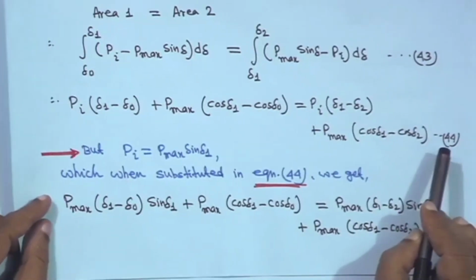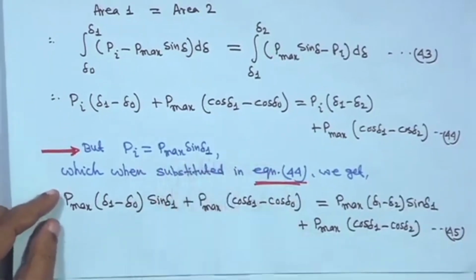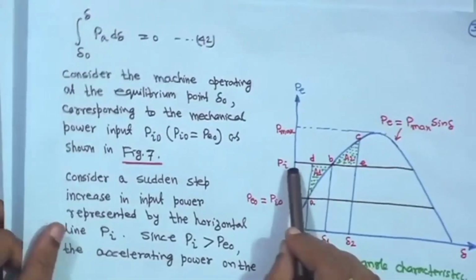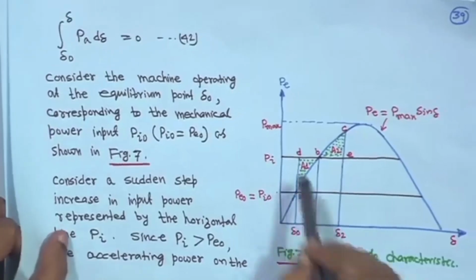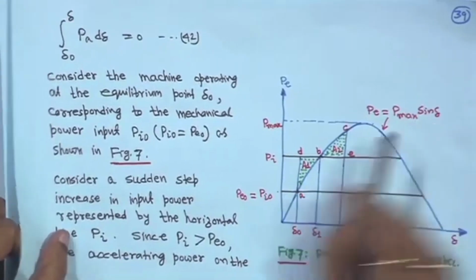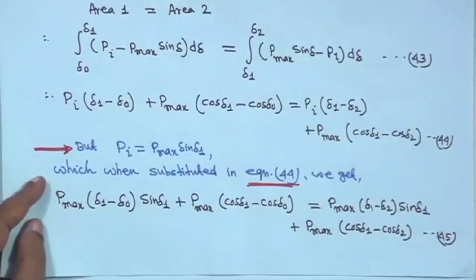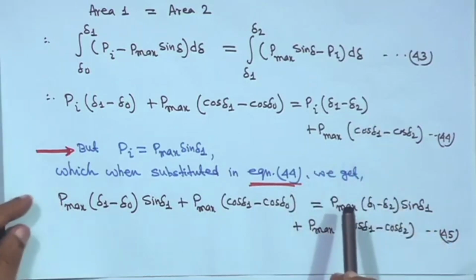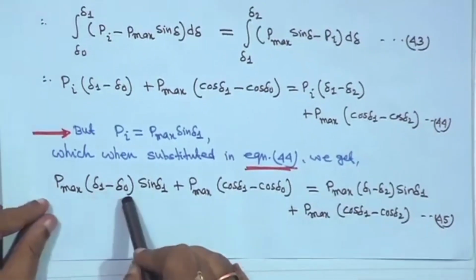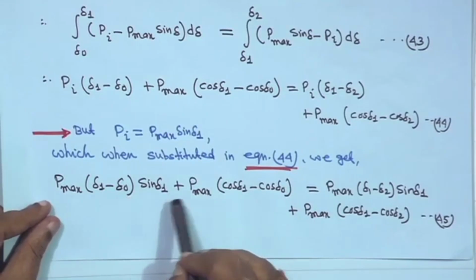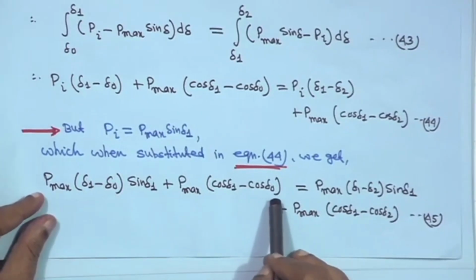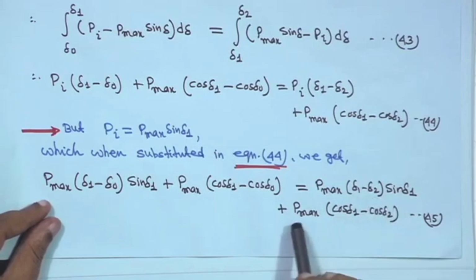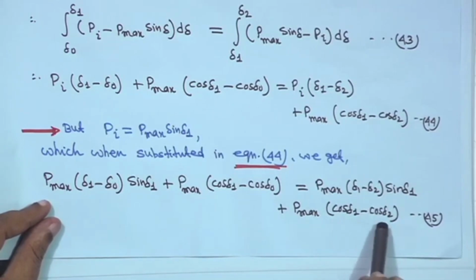This is equation 44. But P I is equal to P max sin delta 1, because when delta is equal to delta 1, P I will be P max sin delta 1. If you substitute P I equal to P max sin delta 1 and simplify, it will become P max (delta 1 minus delta 0) sin delta 1 plus P max (cos delta 1 minus cos delta 0) is equal to P max (delta 1 minus delta 2) sin delta 1 plus P max (cos delta 1 minus cos delta 2).